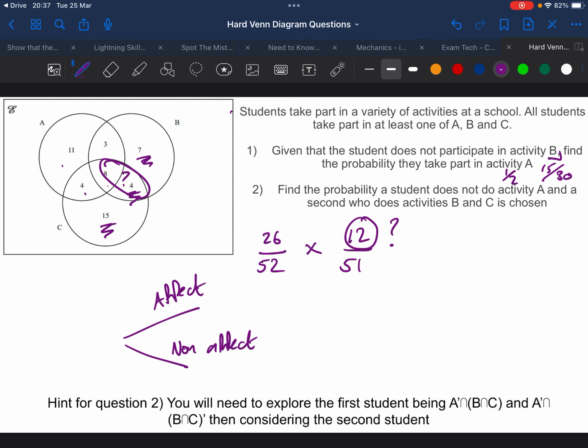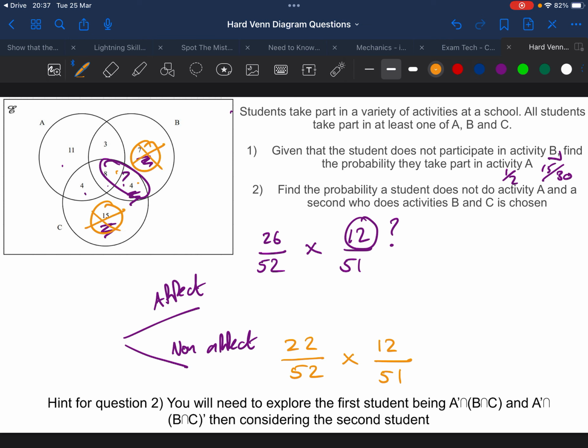So what do I mean by that? Let's say first of all that I picked from one of these. That would be 22 out of 52. And then the next time round, my 12 is still intact. So that's 12 out of 51. So this is the case that they're not affected.